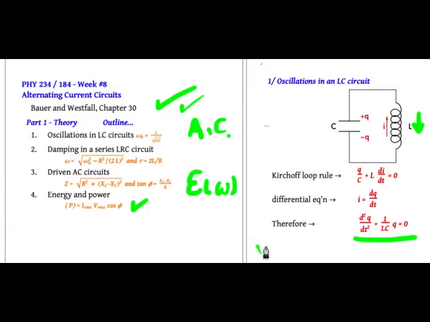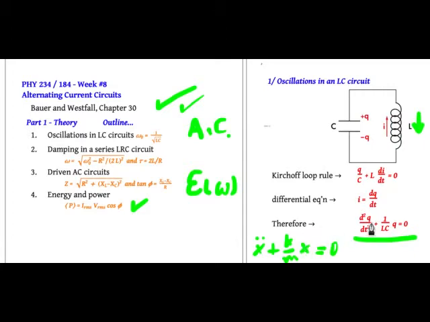The equation of motion for a mass on a spring is x double dot plus k over m x equals 0, where what I mean by dot is derivative with respect to t. Well, that's simple harmonic oscillations of a mass on a spring.